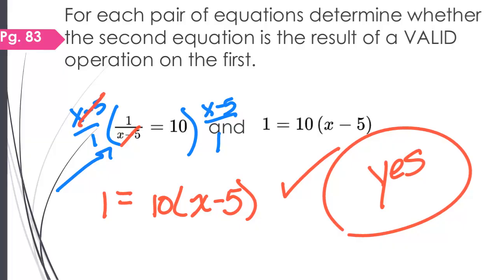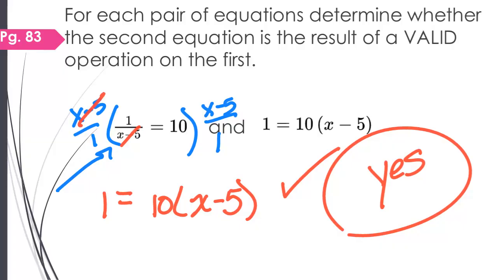Okay, take it out of the fraction form. So by multiplying by x minus 5 on both sides, yes, it cancels out on the left, and over on the right, we get what we have in our second equation, 10 times quantity x minus 5. And then you would have to distribute and solve and all the rest of that.